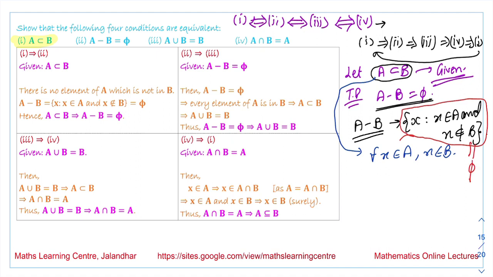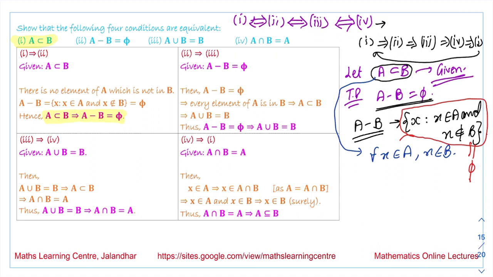So this collection is equal to ϕ. This is our first proof: A is a subset of B implies A minus B is equal to ϕ, that is, an empty set.